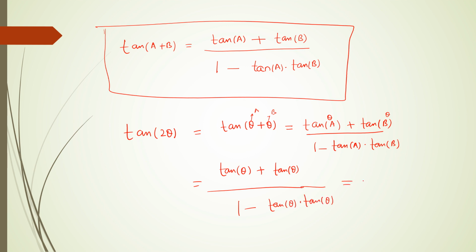We can write 2 times tan theta, because tan theta plus tan theta is 2 tan theta, upon 1 minus tan square theta. So we can write the formula as tan 2 theta is equal to 2 tan theta upon 1 minus tan square theta.